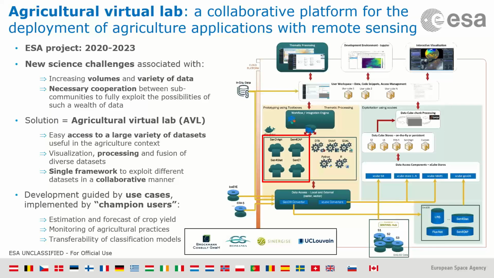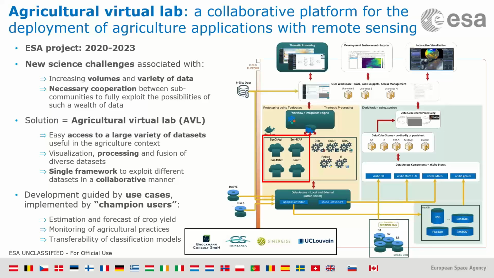And we would like really to reach the same kind of success GEOGLAM had in terms of collaborative approach. We would like really to encourage this approach here in AVL. So sharing in situ data, sharing algorithms, sharing results, and discussing the results between the different scientists.